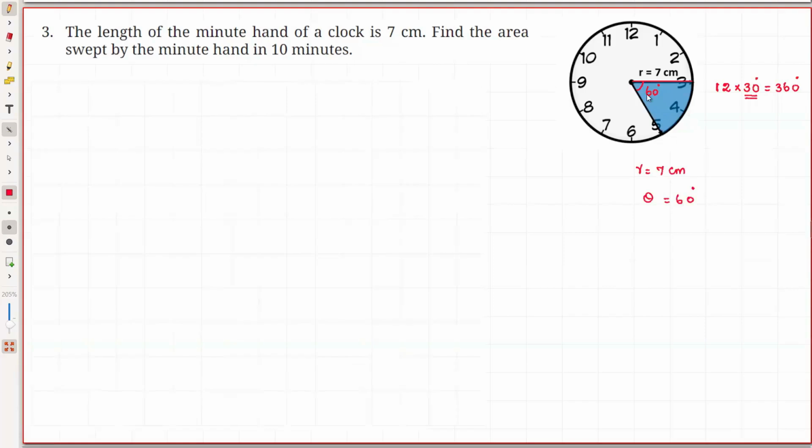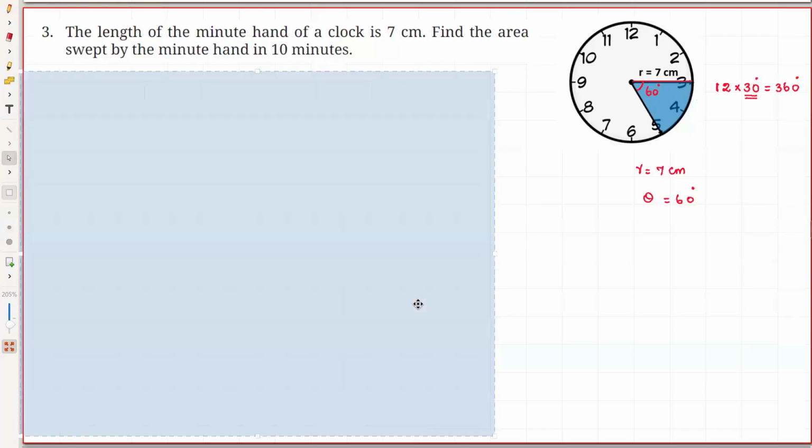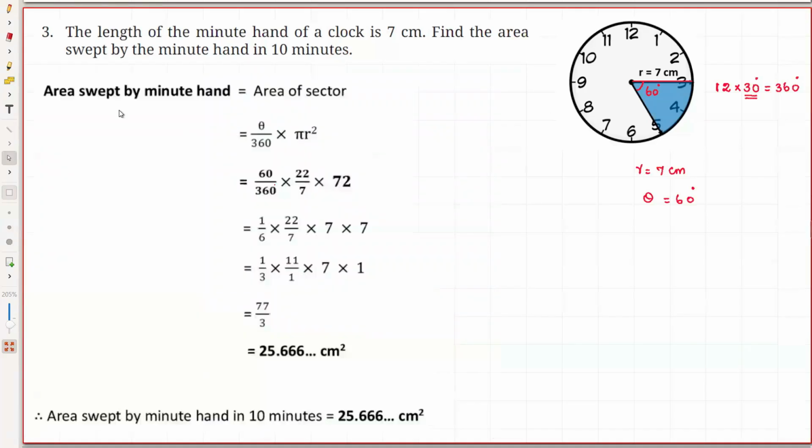Now this is in the form of the area of the sector: theta by 360 into pi r square. The area swept by the minute hand is equal to the area of the sector. So 60 by 360 into pi value into r square, 7 square means 7 into 7.